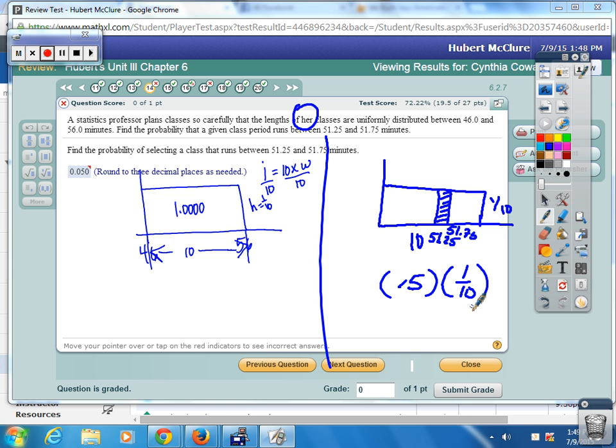Now please do not do this with a calculator. Why? Because what is 5/10? 5 over 10, that's right, class. Can you do something with these 5s and this 10? You get 1/20. Well, I don't know how to do that with a calculator, Hubert.